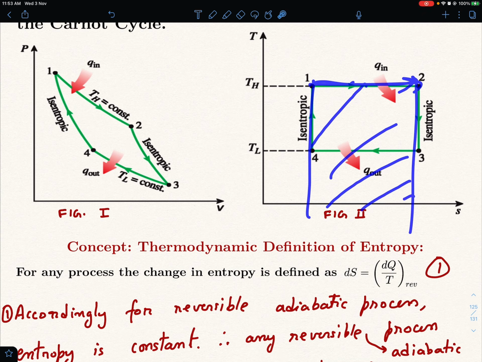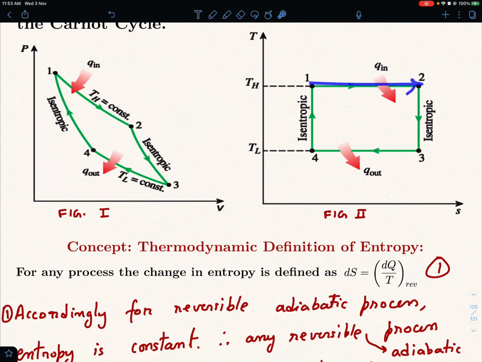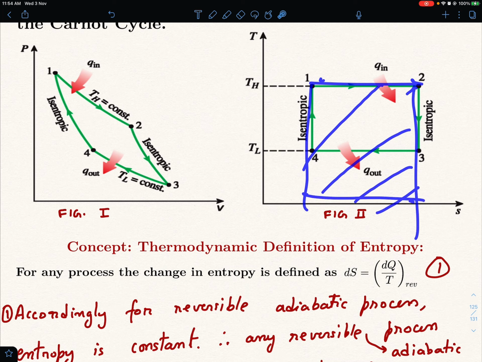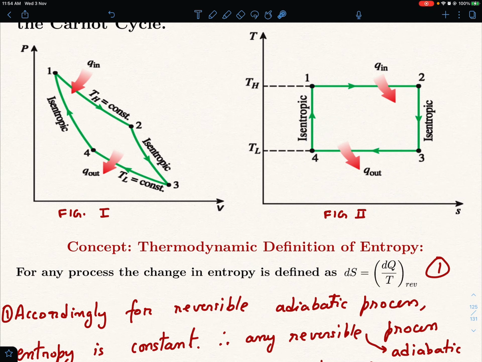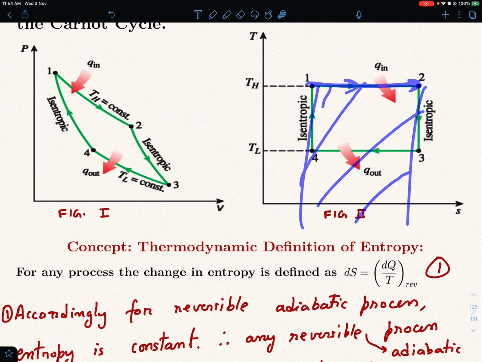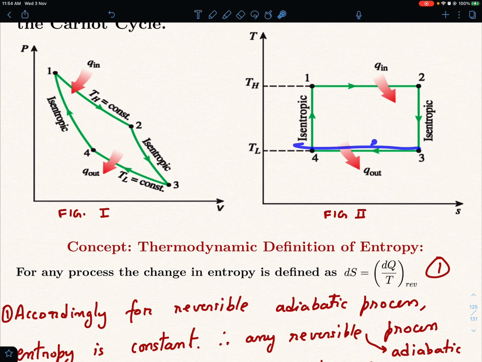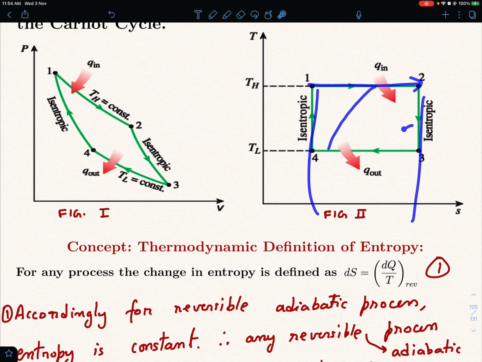Therefore in any process, if you want to find out how much heat is supplied, you just take the area under the graph. For example, from 1 to 2, the heat supplied is just this area. And if the entropy is increasing, if dS is positive, then obviously heat is being supplied to the system, and if entropy is decreasing, then dS is negative and heat is being rejected from the system.